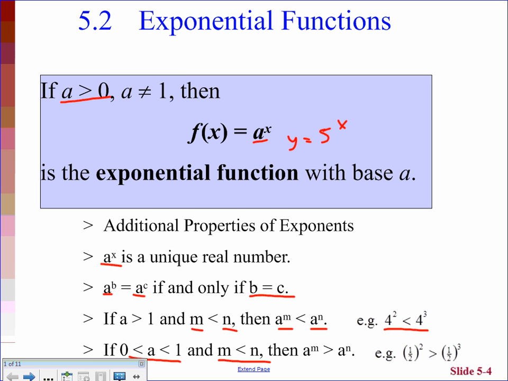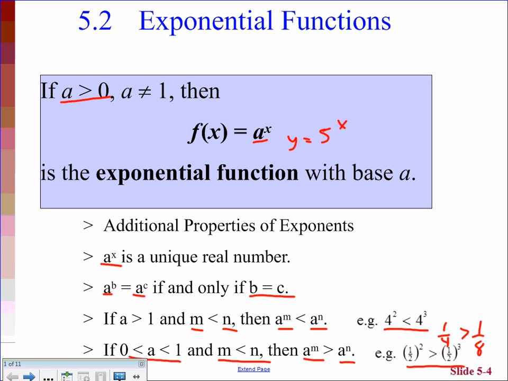The base raised to a smaller exponent is going to be greater than a fraction raised to a higher exponent. And they show this over here with 1/2 squared is greater than 1/2 to the third power. This is going to be 1/4 is greater than 1/8.